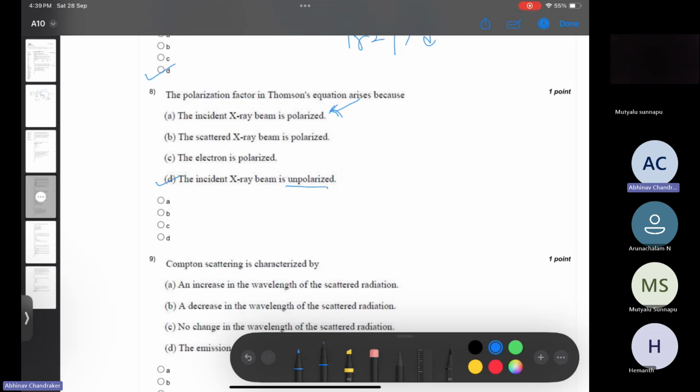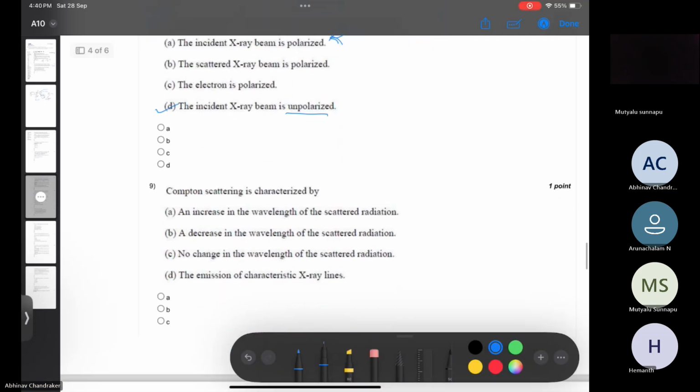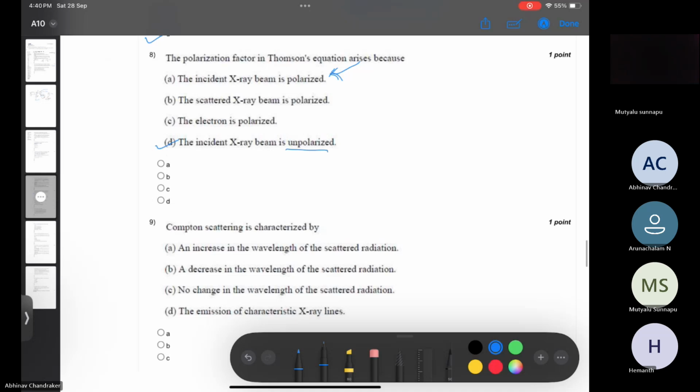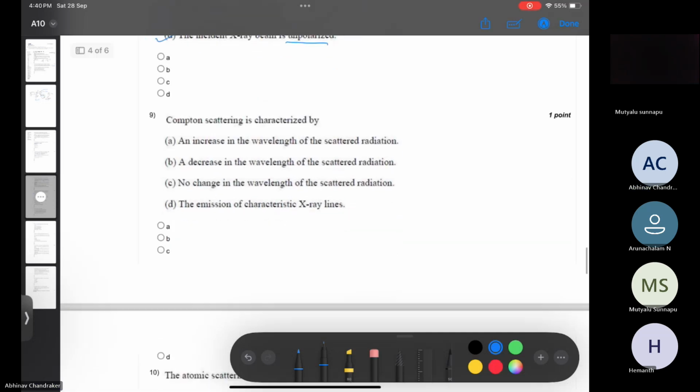So the scattering by the electron will also oscillate in a single plane only, and as a result, the scattering will probably only be in one direction. So we will not need any polarization factor. I think the explanation I gave should be somewhat correct.